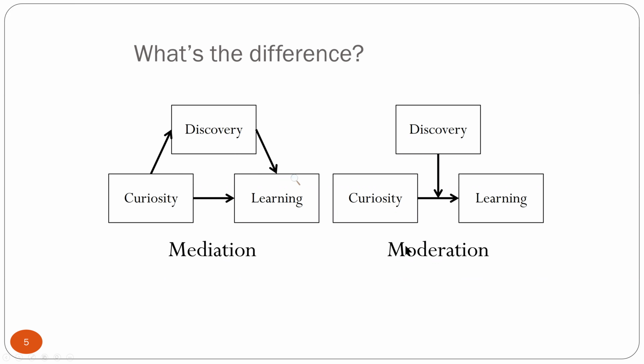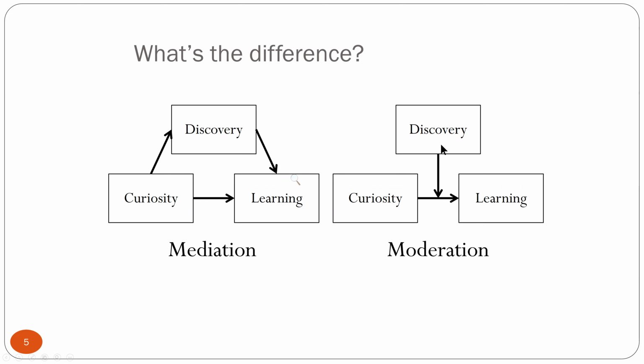Now we could remodel this and say that curiosity leads to learning, but only in the context of people who are discovery-oriented. Anyone who is not discovery-oriented, their curiosity is stifled at some point, it's stopped, and it doesn't lead to learning. I think it works better as a mediator in this case.